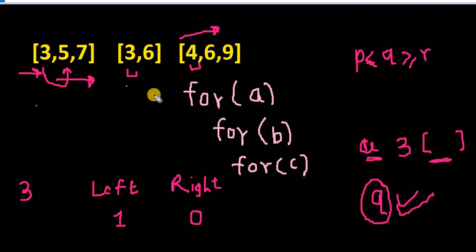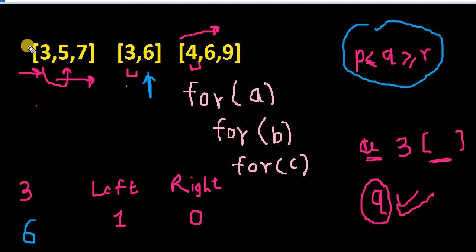Let's again move ahead with the 6. For 6 as a middle element, let's see how it works. Let's check how many elements satisfy the condition on the left hand side. 3 is less than 6. 5 is less than 6, again plus 1. 7 is not less than or equal to 6.